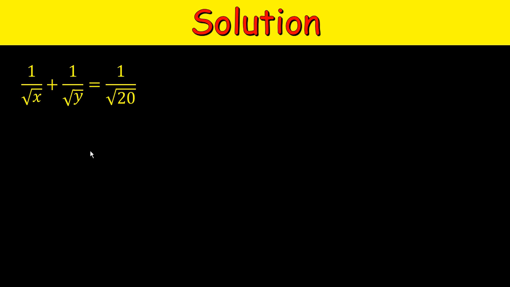So we have 1 over square root of x plus 1 over square root of y equal to 1 over square root of 20. So we can rewrite it, let's bring this to the right side.